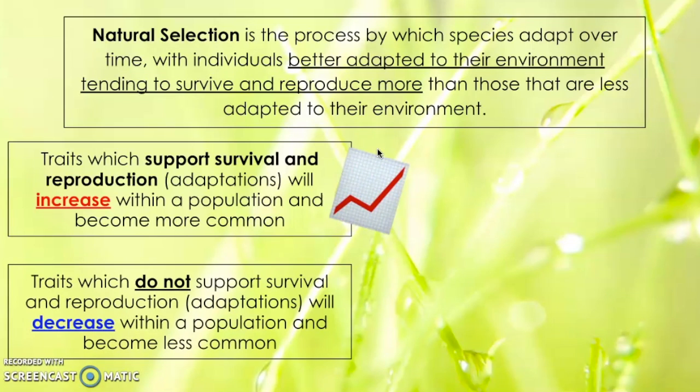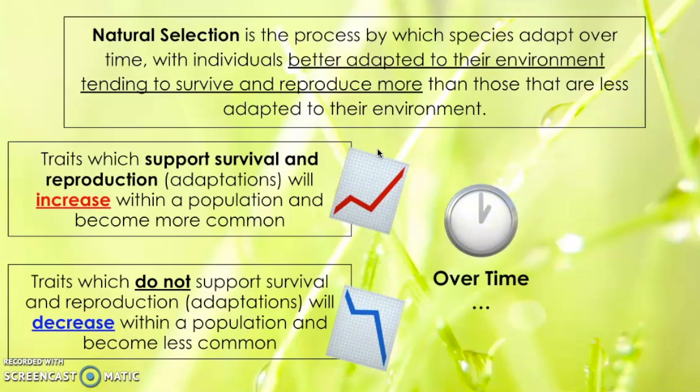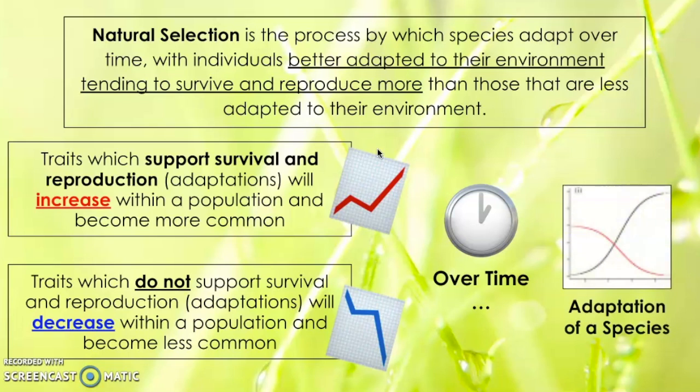Natural selection also makes it so that traits that don't support survival and reproduction will decrease within a population and over time become less common within that population. Over the course of time, normally tens of thousands to millions of years, this leads to the adaptation of a species, meaning that species becoming better adapted to whatever environment they live in.